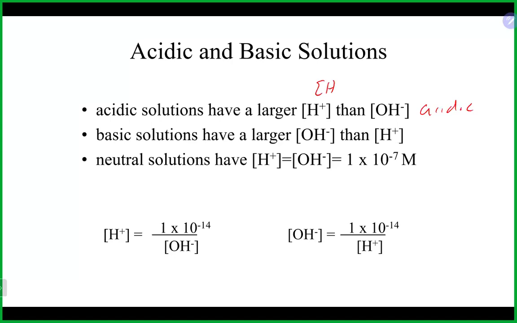So if your H plus is greater than your OH minus, you got acidic. If the OH minus is greater than the H plus concentration, the base part is bigger than the acid part, it is going to be a basic solution. And if they happen to equal each other, you will get a neutral solution.